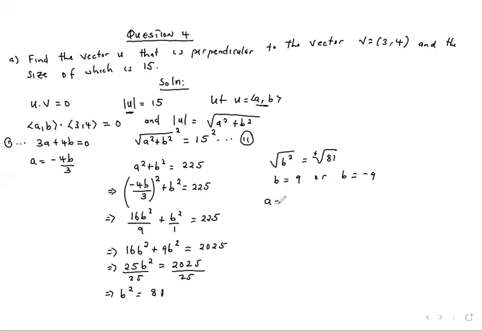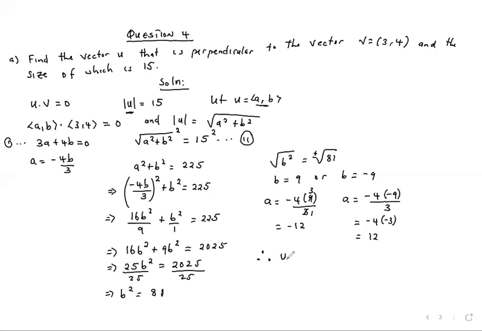When b is 9, a is going to be -4 multiplied by 9 over 3. But 3 can go in 9 3 times. So we get -12. And when b is -9, a is -4 times -9 over 3, which is giving us +12.